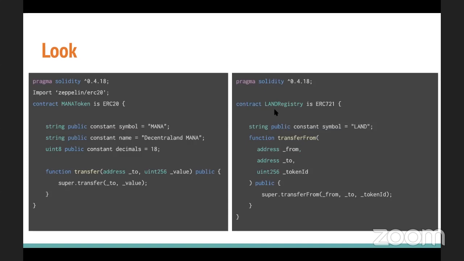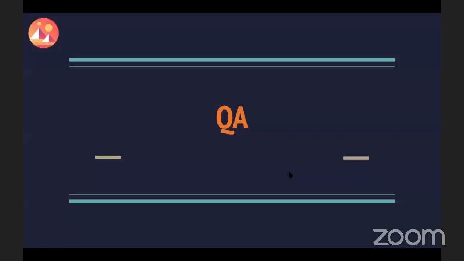When you want to transfer land to another person, you call this function of the contract, transferFrom, saying that I own the land, so transfer from me to another one, and you specify the land ID, which is the token ID here.